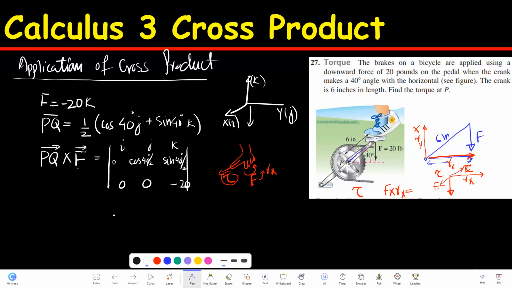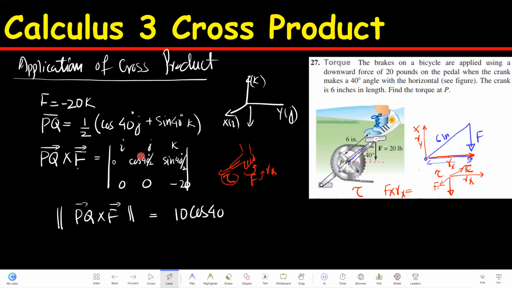Okay, let's multiply this one. When I do I, it is going to be 10 times, because I multiply by half, 10 times cos 40. And for the rest, when you multiply from this to this, the only one left over is this one.